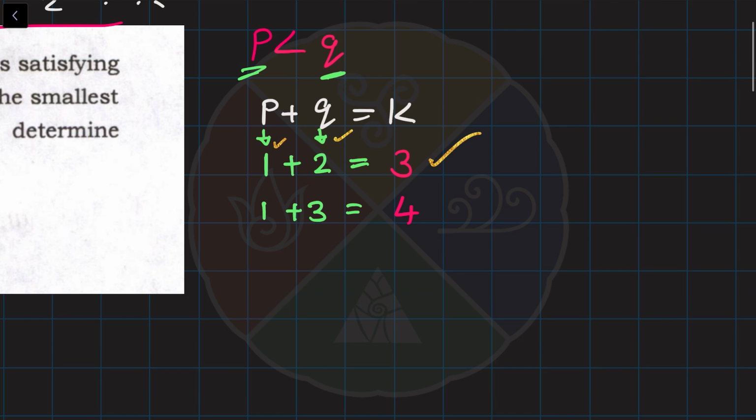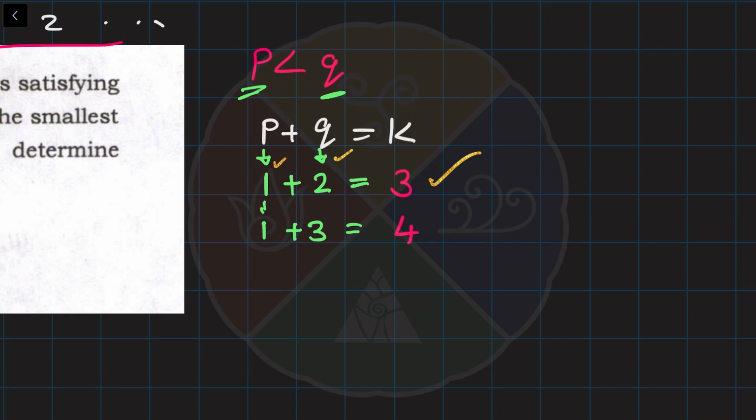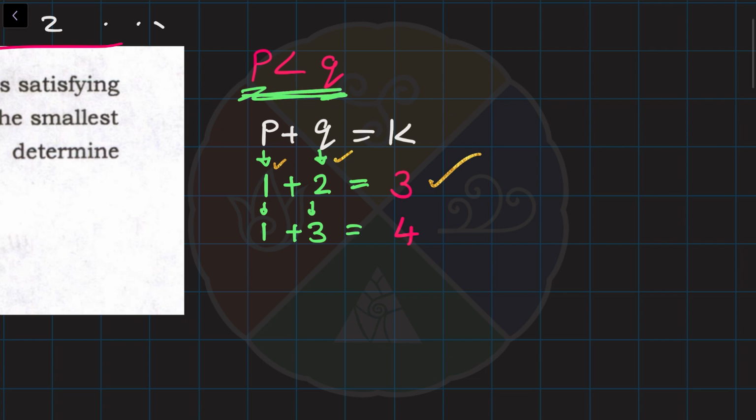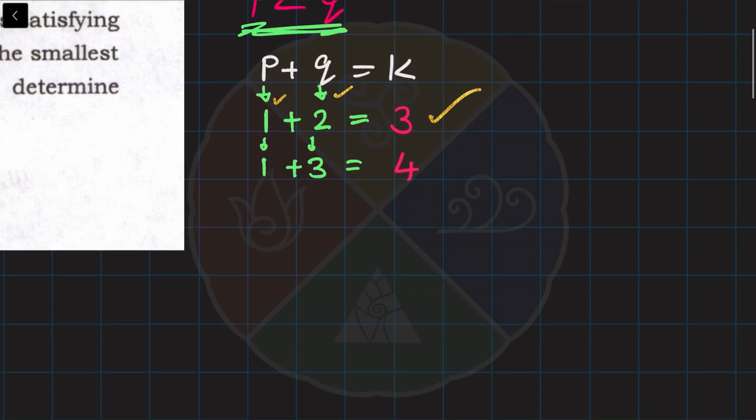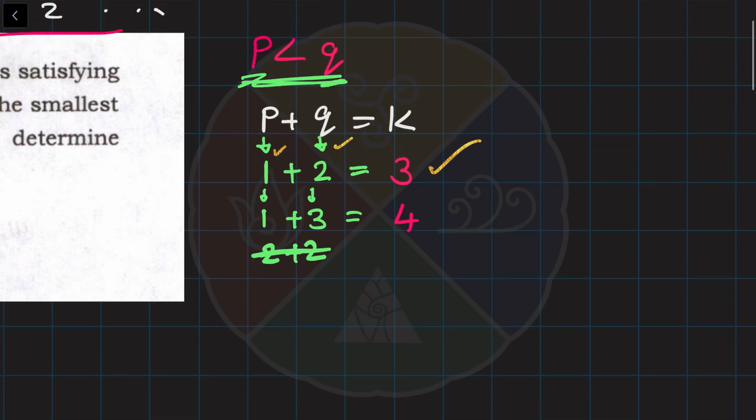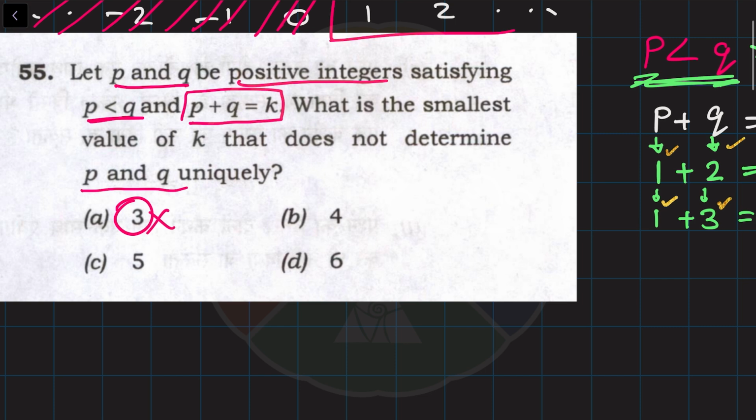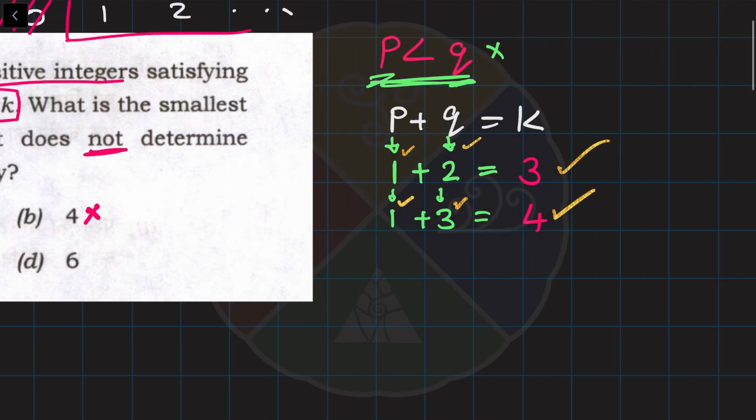Yes, it is a possibility because p is still less than q and the addition gives 4. 0 I cannot use. 2 plus 2, no, I cannot use this because the condition is violated, and there is no other value. So even now I can determine p and q uniquely. Therefore this is also okay. We have to find the value which is not.